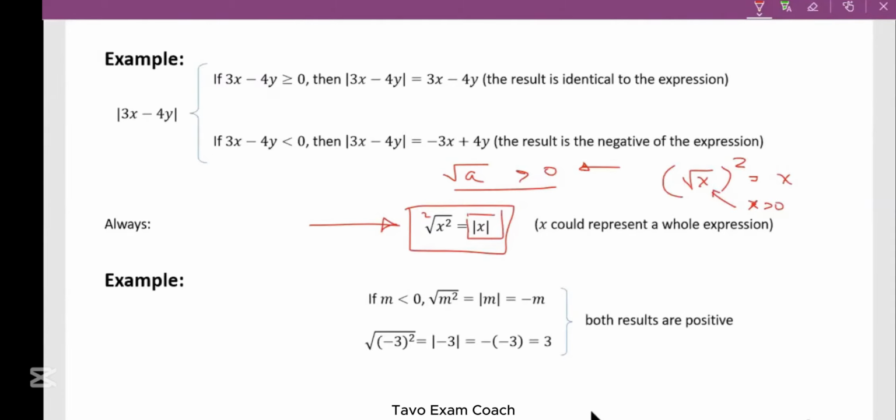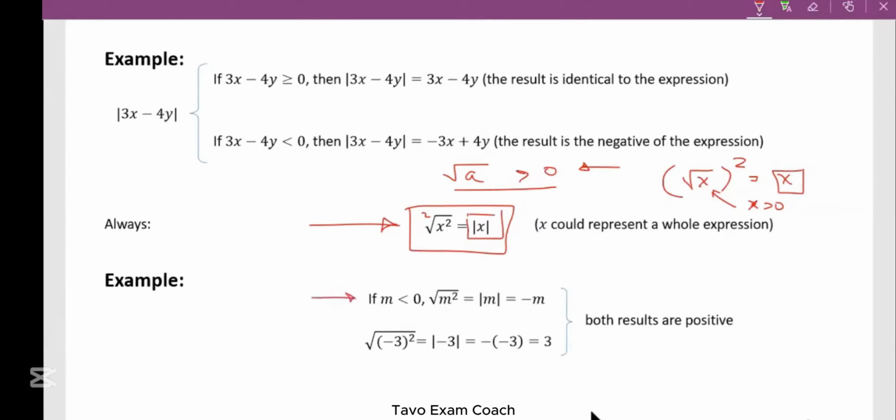Okay, so when you just raise this to the exponent 2, you get the positive value x. Okay, but in this identity, you can use that with numbers or with letters, with variables.